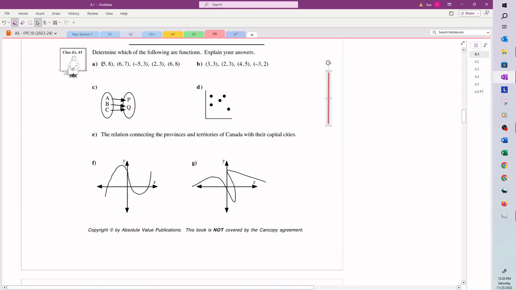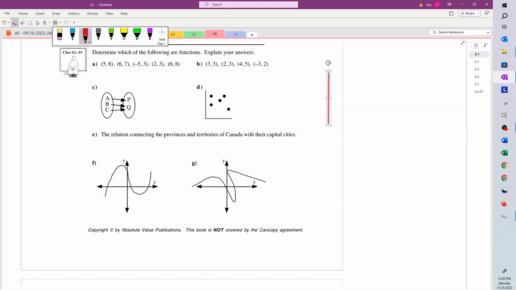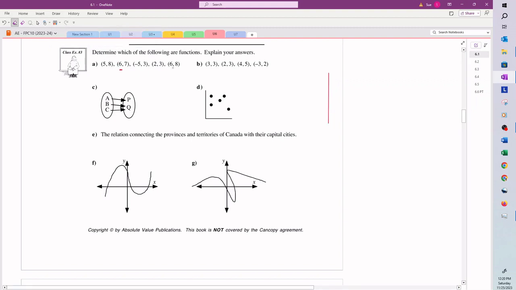So this example A, each input is, oh no, the 6 is used twice. So here and here, this is not a function. Input 6 has 2 outputs.